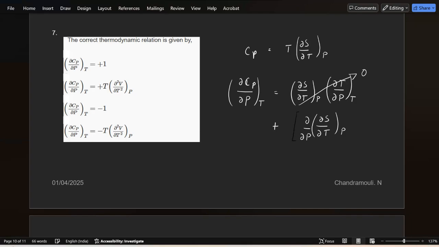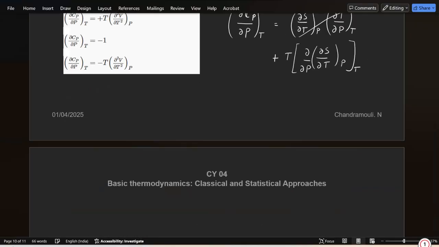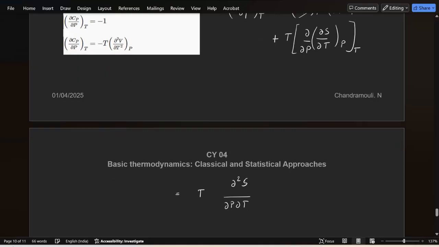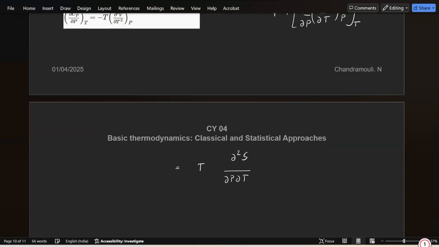at constant temperature. Since entropy is a state variable, we can write the above equation like this, as del square S by del P del T. Okay, we can write it like this, and then we can further manipulate it as follows.